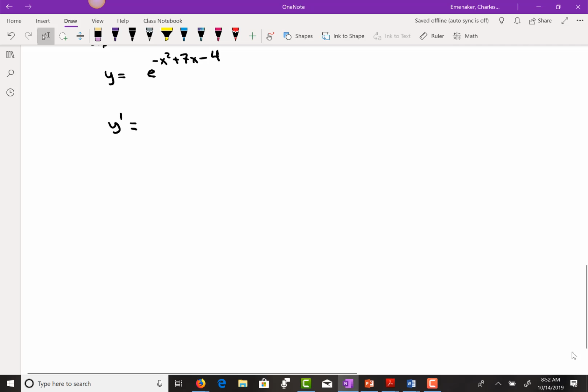So it's like saying the square root of that quadratic mess. So this isn't a product rule, it's a, begins with C, H, A, chain rule, there we go. This is a chain rule. And the way the chain rule works for this is you take the derivative of the outside and you leave the inside alone. What's the derivative of the outside? Well, the derivative of e is going to be e.